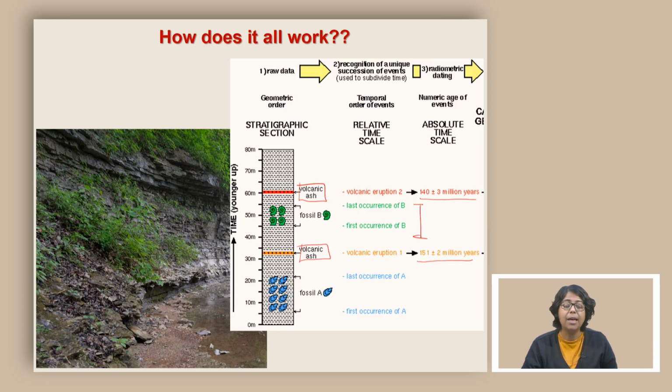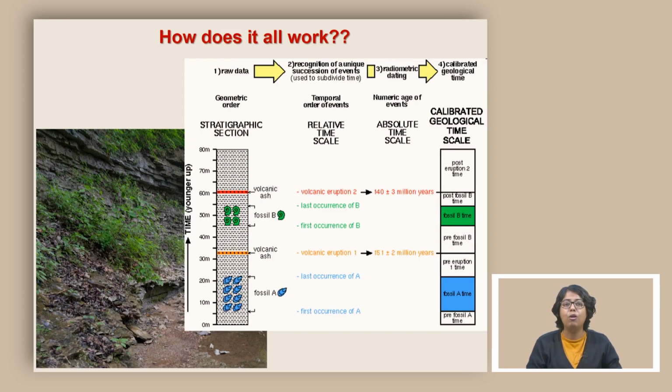Once this is done, and if we can do it globally, then these fossils can be correlated to different strata all over the world, and every time we correlate these strata, we can also attach the time of 151 to 140 plus minus 3 million years. And that gives us a very precise idea of how the strata are correlated spatially.